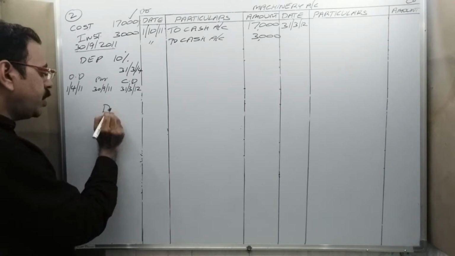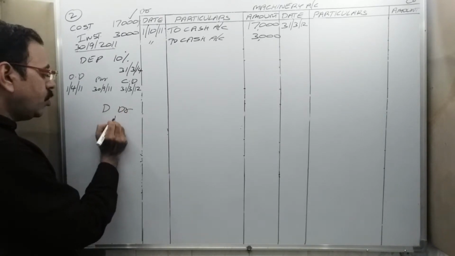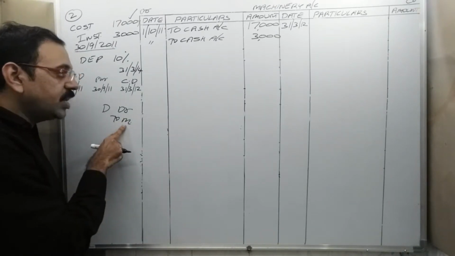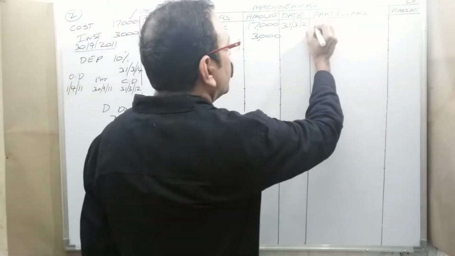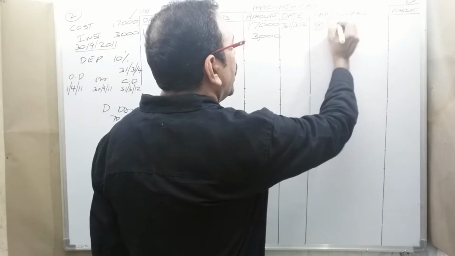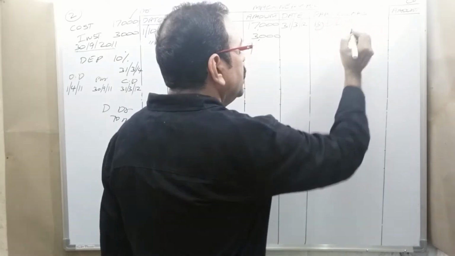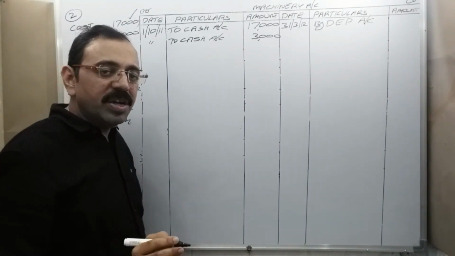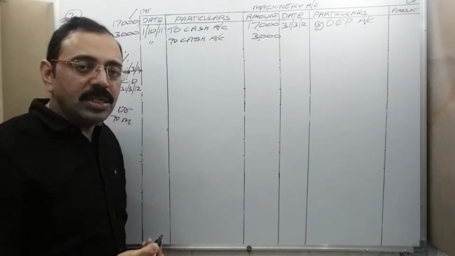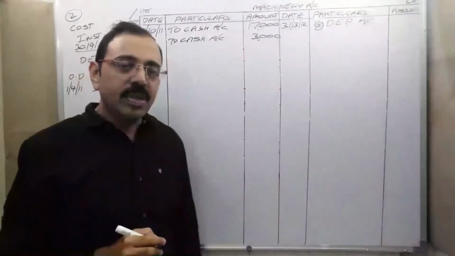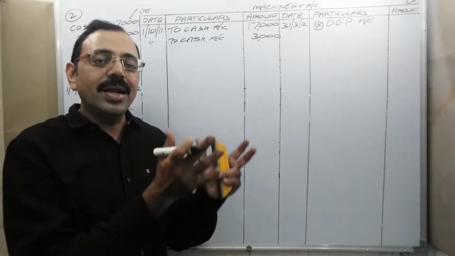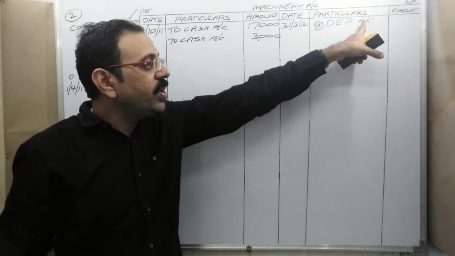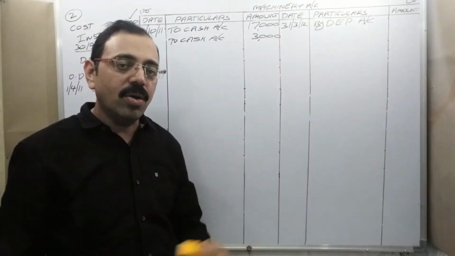In the first problem I told, depreciation account debit to machinery account. Since machinery is on the credit side, we have to post this entry by depreciation account. But the difference between the first problem and this problem is, in the first problem, since in working notes we calculated annual depreciation of 20,000 rupees, we directly took 20,000 rupees in the account.